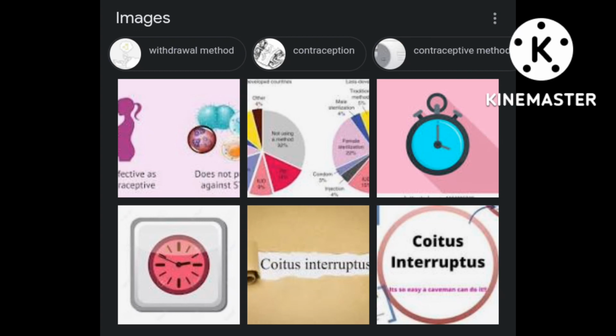Number two, men withdraw their penis late and inseminate the female. And the last is side effects include loss of sexual satisfaction. So as you can see, that is the example of coitus interruptus.